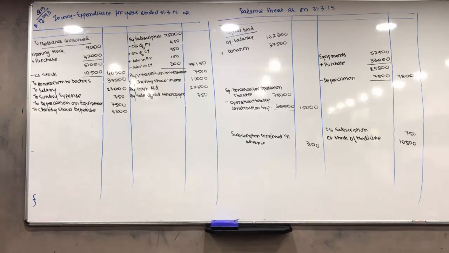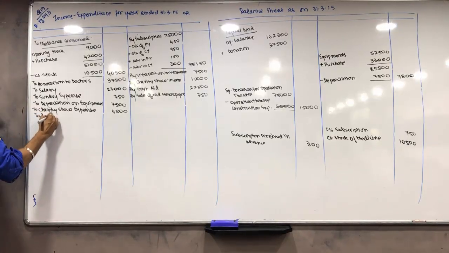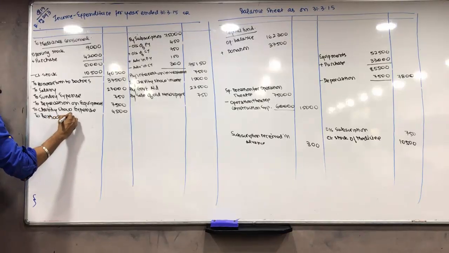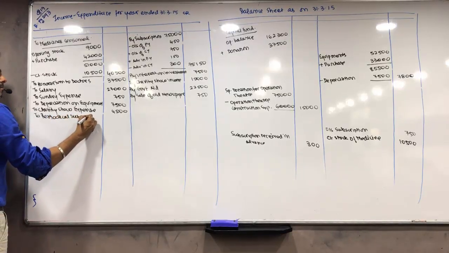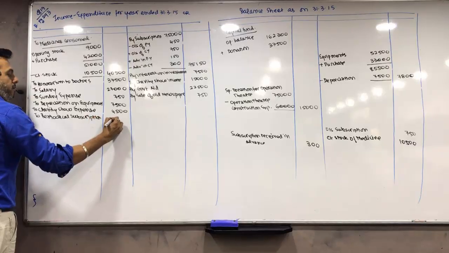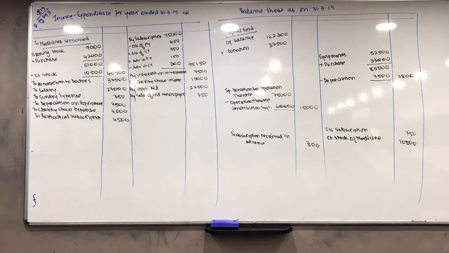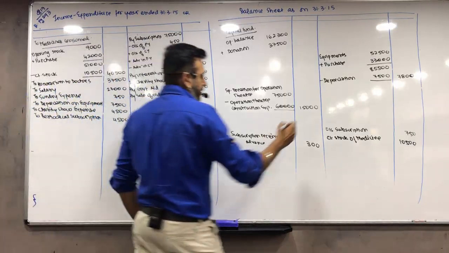Periodical subscription 4,500. Fixed deposit with the bank. Separately, we'll have to show investment 22,500.